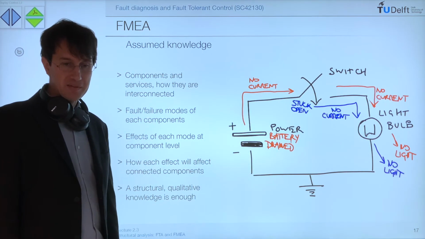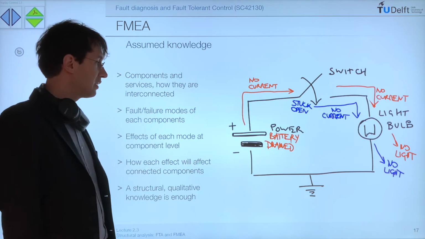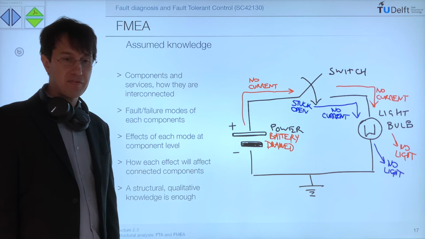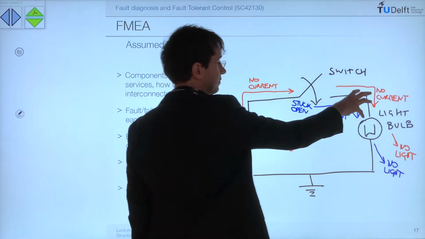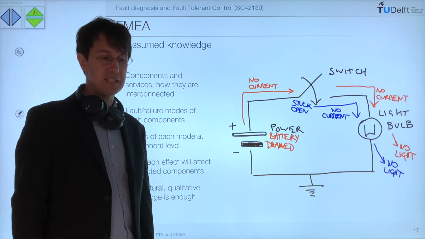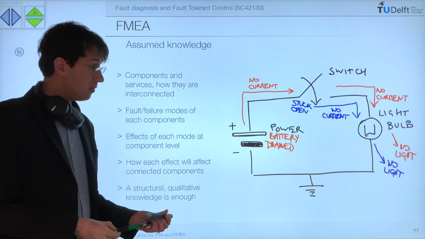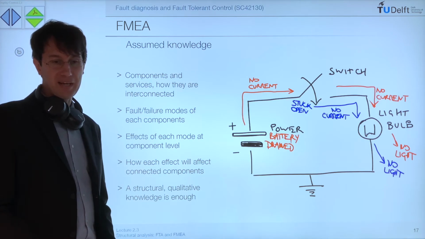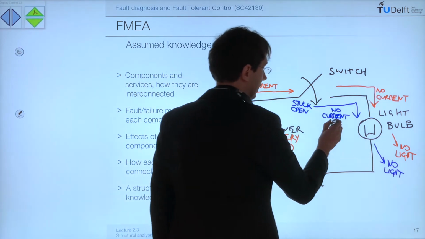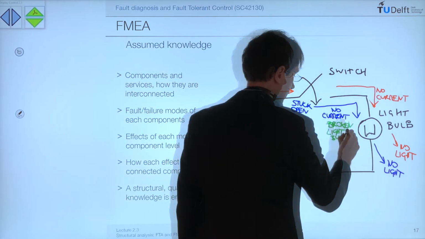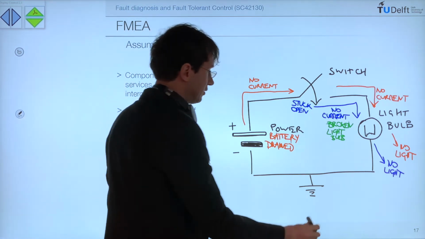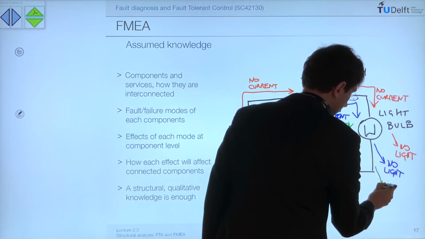So as we can see, two different faults in different components are leading to the same effect at a higher level, and both leading to the same way of failing of the system. But actually, there is a third way for the system to fail, and it is when we have a broken light bulb. And of course, a broken light bulb will lead to the same final effect, no light.